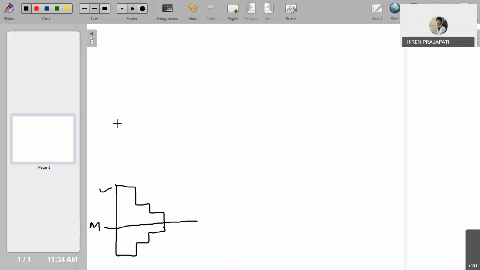So on this side we have one another step cone which is actually inverted, and both are idle cones.